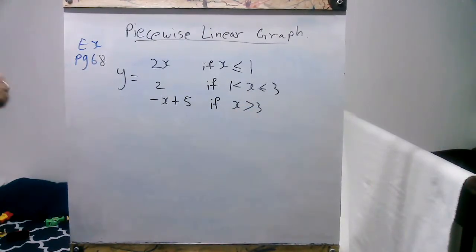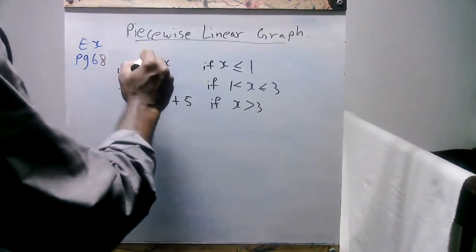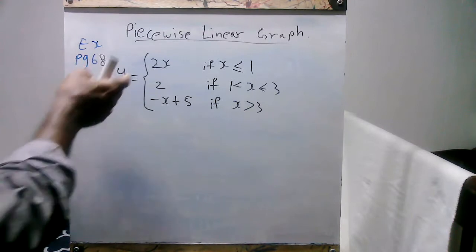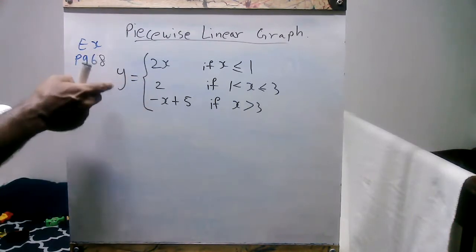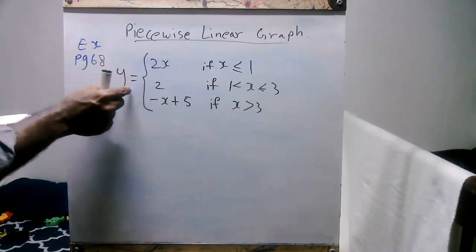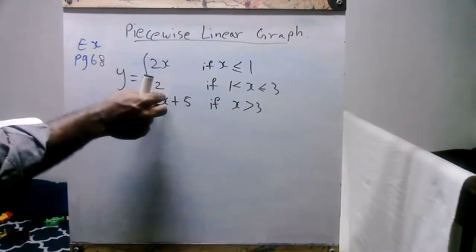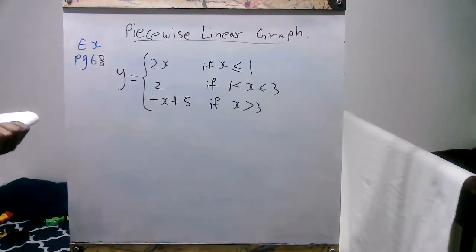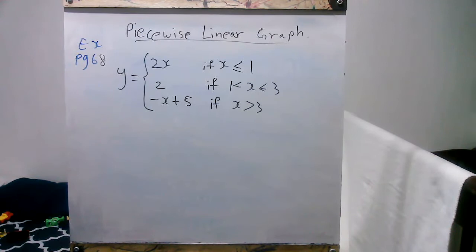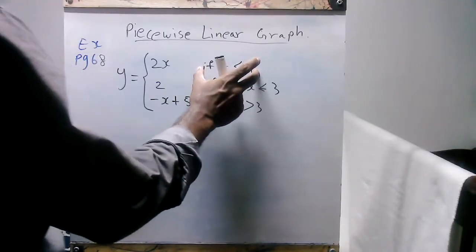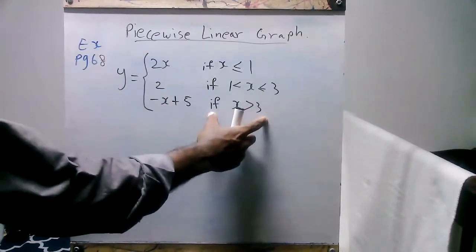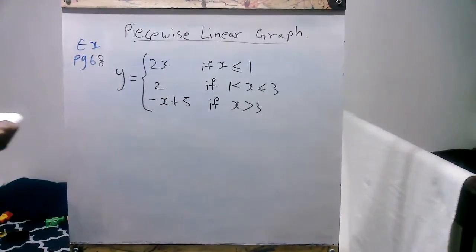Now piecewise function means one function, y, is given as three pieces. See, this one function gives three pieces. It looks like three equations, but in this region it behaves like this, in this region it behaves like this, in this region it behaves like this.